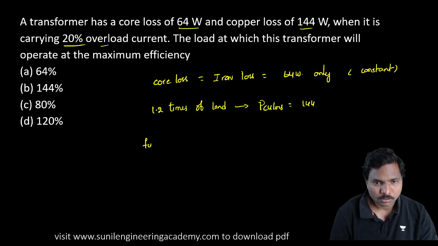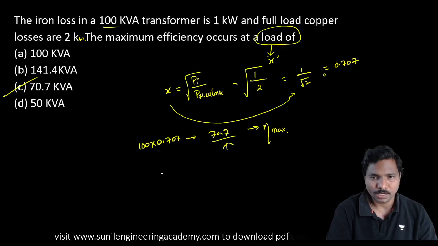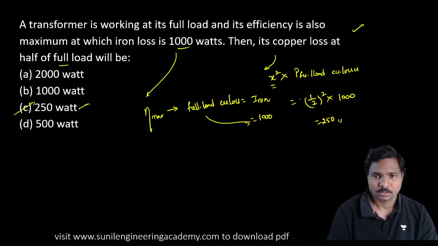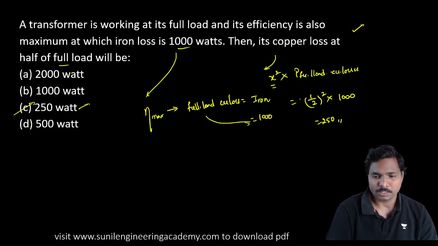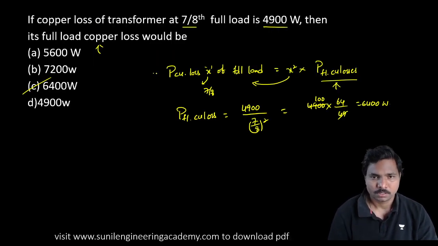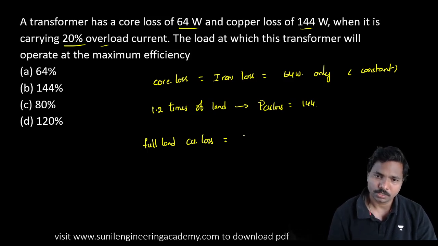We know the formula: copper losses at any load x is equal to x squared into full load copper losses. If you want full load copper losses, we have to divide by x squared.